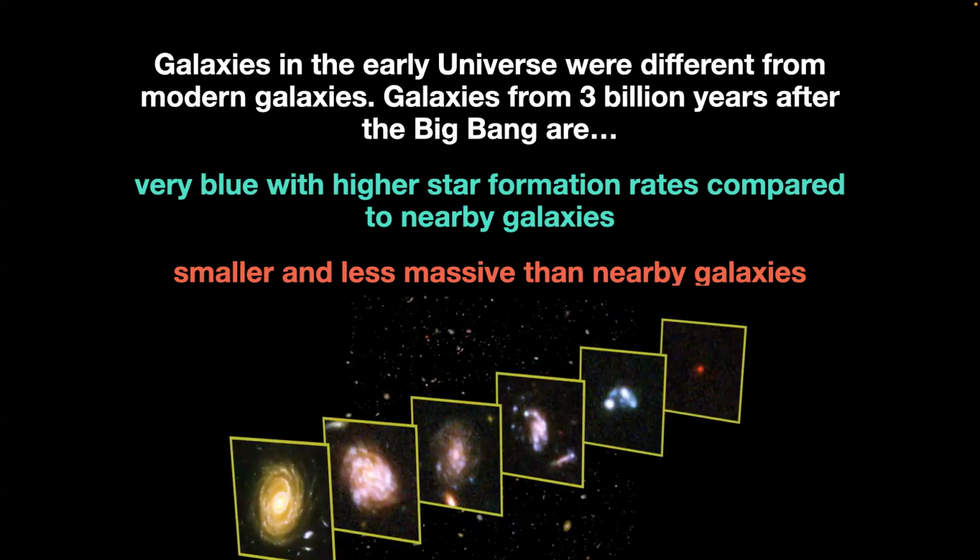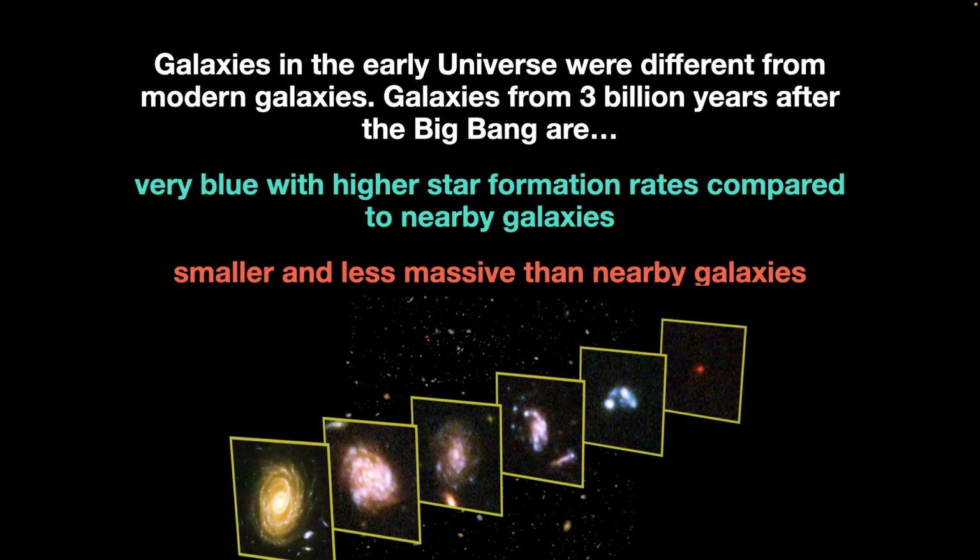We've also noticed that galaxies in the early universe don't look the same as modern galaxies. We've observed galaxies from when the universe was about 3 billion years old, and they are very blue with higher star formation rates than nearby galaxies and smaller and less massive, so about 1/20th the mass of the Milky Way.